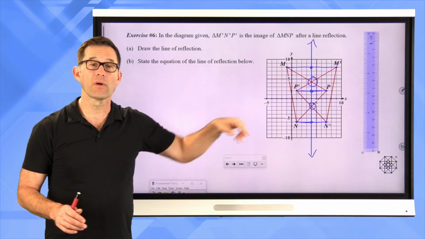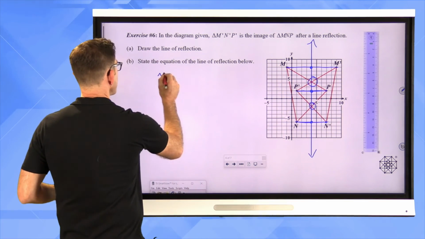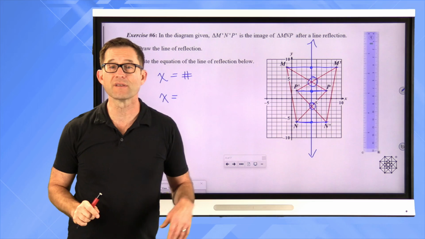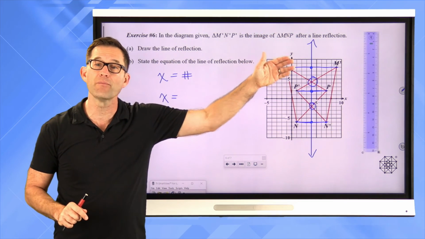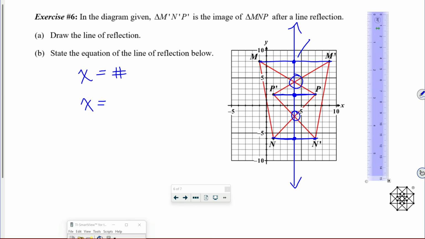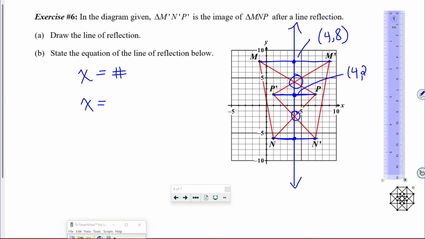Well, since it's a vertical line, it must have an equation that looks like x equals a number, and x will be equal to whatever the number is that is the x-coordinate of every point that lies on that line. Well, for instance, this particular point has the coordinate 4, 8, right? This particular point is 4, 2.